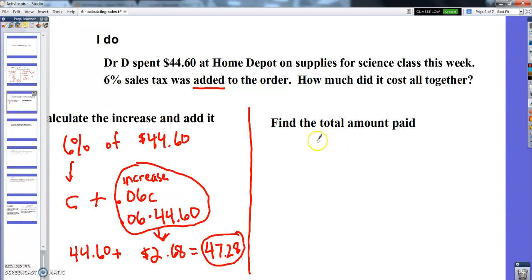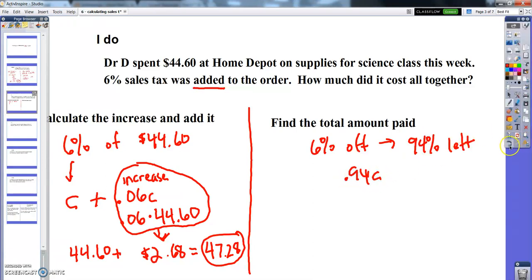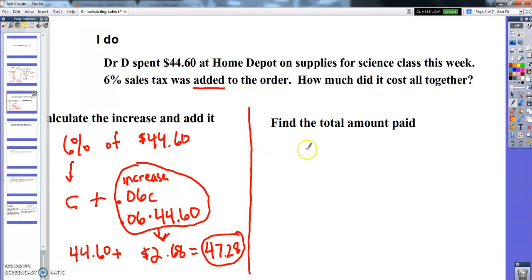So this strategy works just the same as the one yesterday, but you get kind of a weird number when you're increasing. So yesterday, if it was like 6% off, that would have been, I'm paying 94% left. And so I would have calculated 94% of the cost. But I'm actually adding it here. So what I'm really doing when I add the price is it's like I'm paying the entire cost, like I did over here.